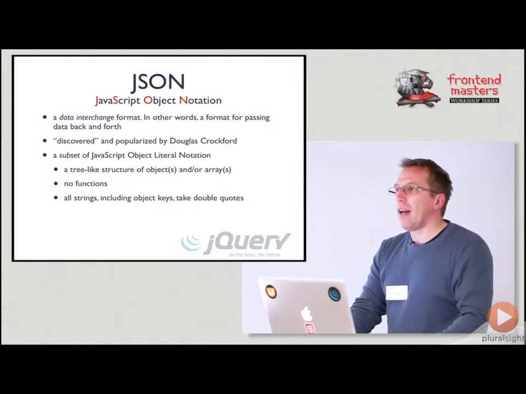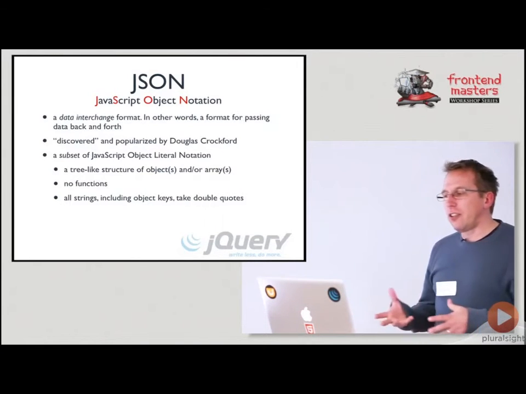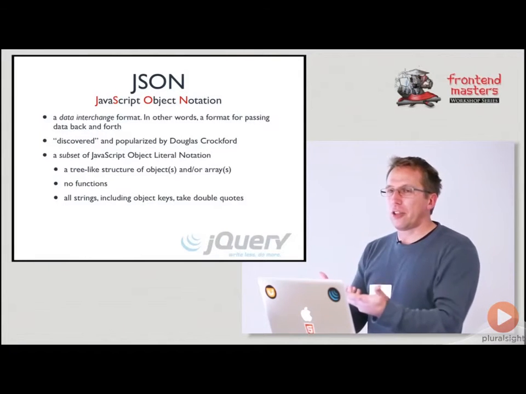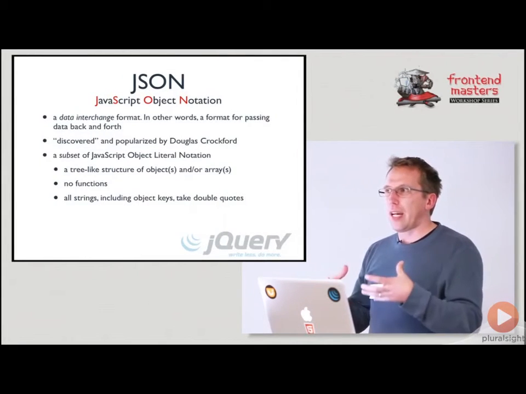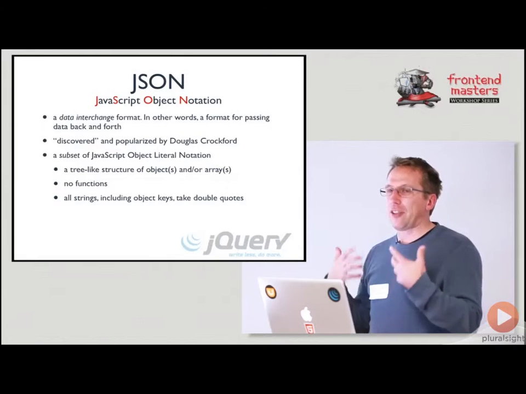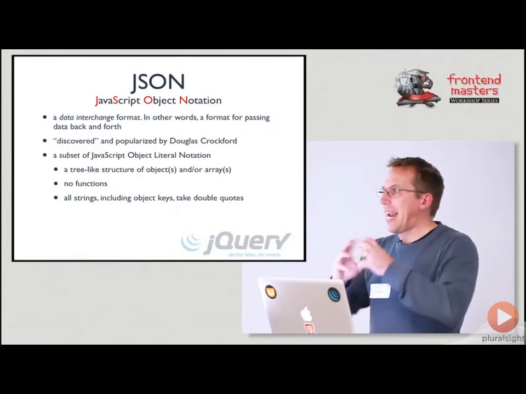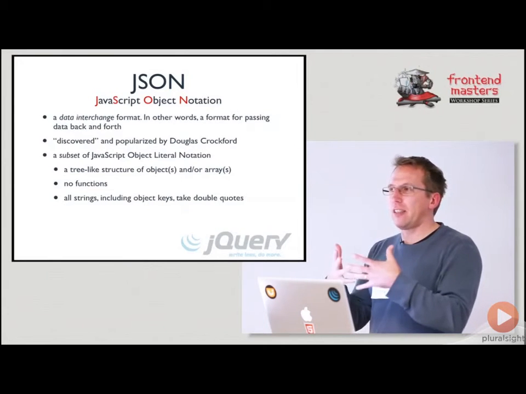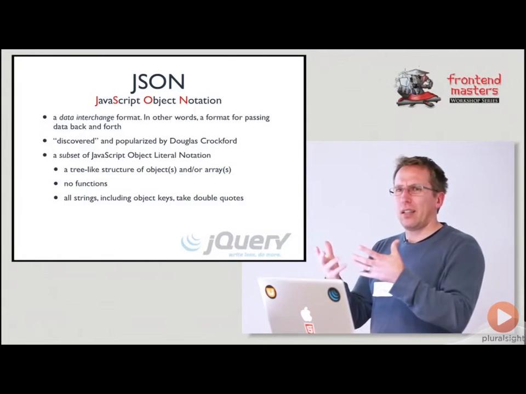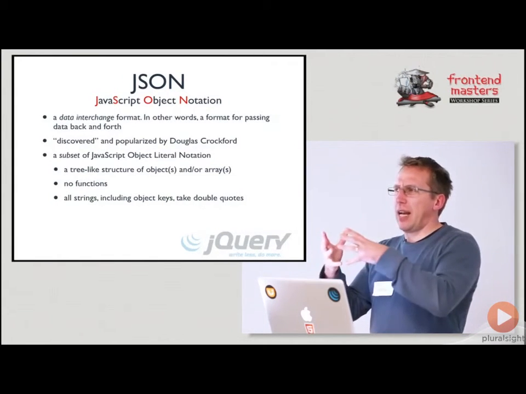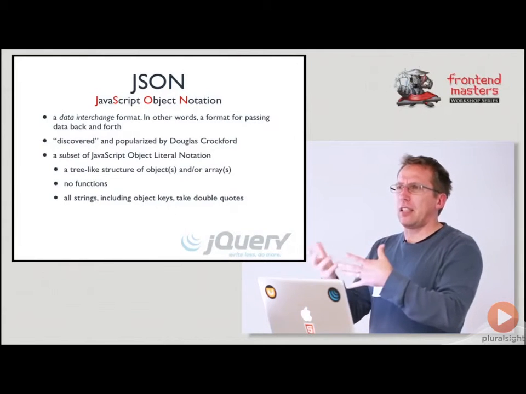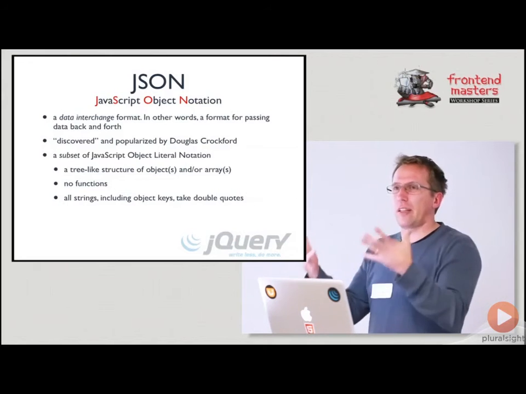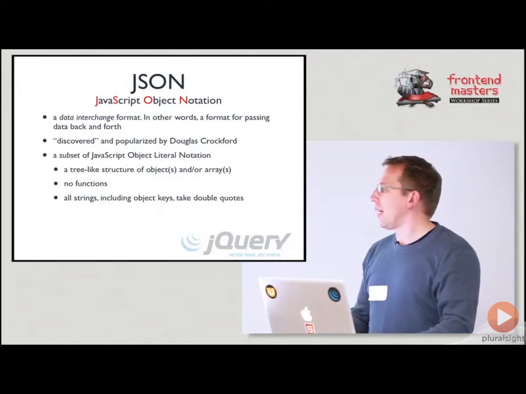So there you have it. JSON notation. An awesome thing about it is that if you're using a server-side language, you can have that server-side language create the JSON for you. Ruby has a toJSON method, I think. And PHP has a json_encode method, so it'll take a PHP array and turn it into a JSON string.